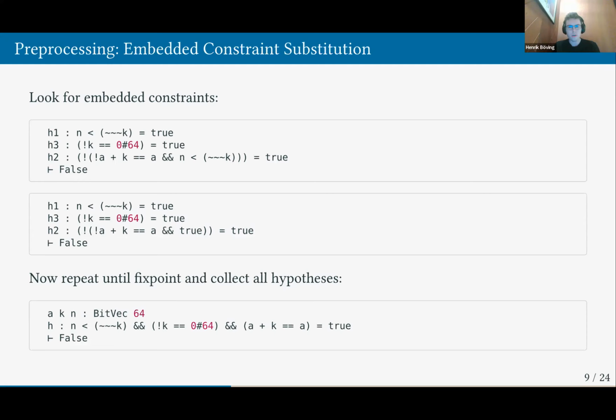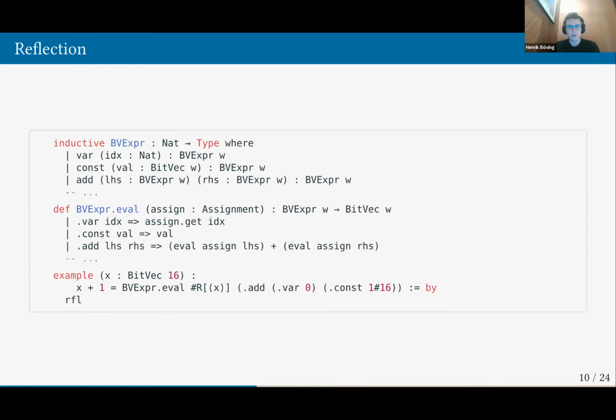So what we do for that is first a more technical step, which is called proof by reflection, where basically you define a data type that represents the kind of expressions that you want to work with. So in our case, we have bit vector expressions that have variables and constants, and you can add them and all the other cool stuff that we have.